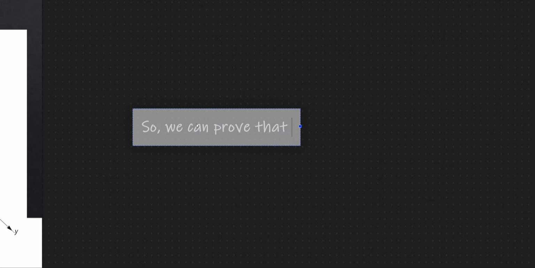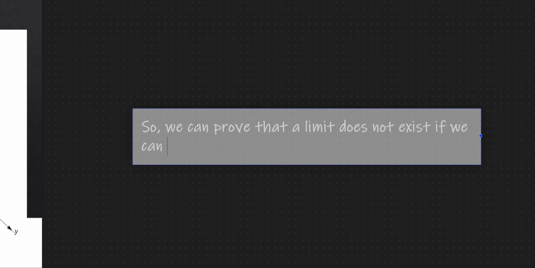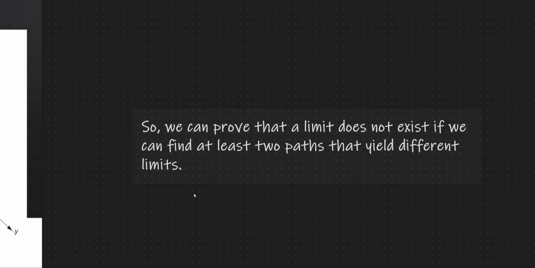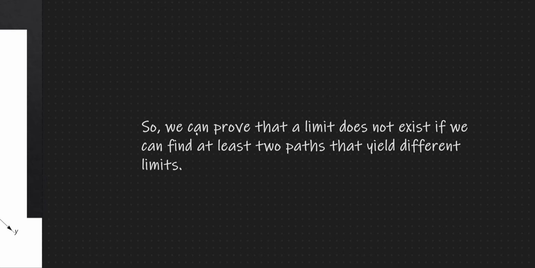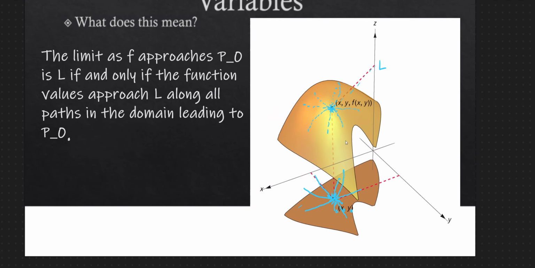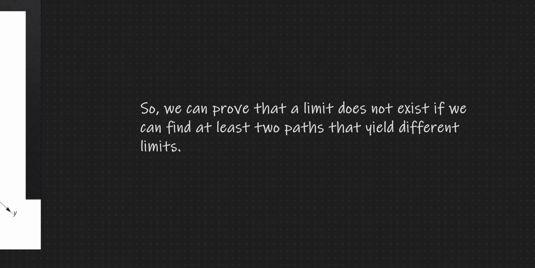We can prove a limit does not exist if we can find at least two paths that yield different limits. Yeah, maybe that's not super exact language, but that's the idea. This is our main method for showing a limit does not exist: to find two separate paths for which the function values do not agree, that yield different limits.